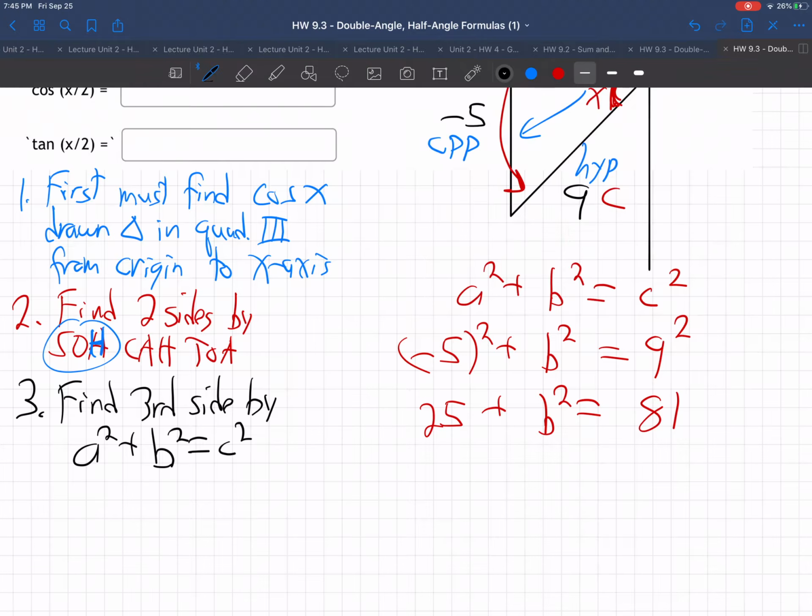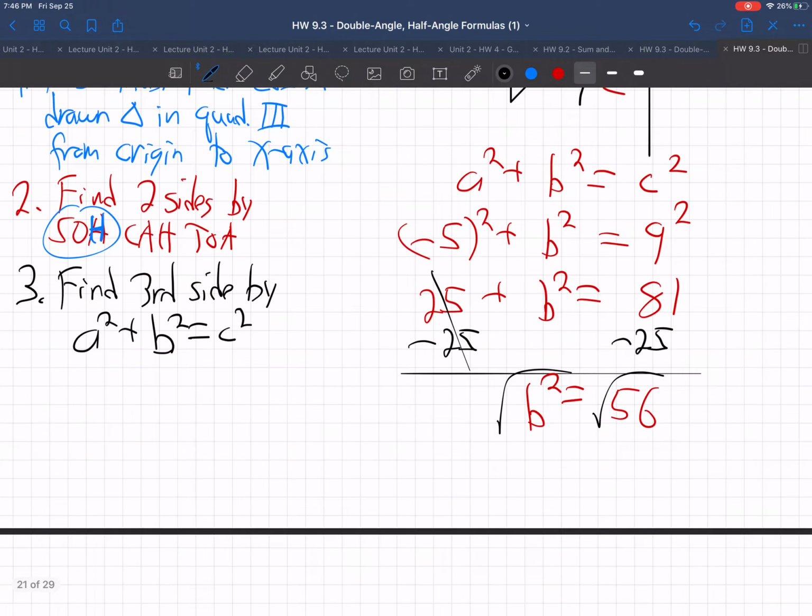So let's keep going. Subtract 25 from both sides. Cancels it out here. B squared equals, let me use my calculator, I'm getting 56. Okay, and then square root it. Now, the square root of 56 can actually be simplified.